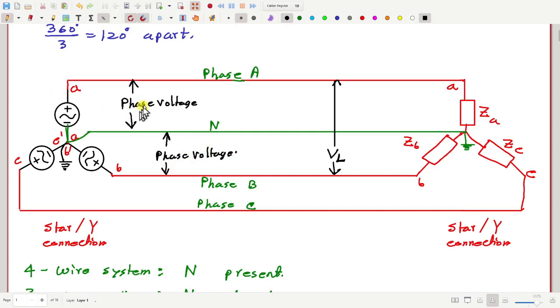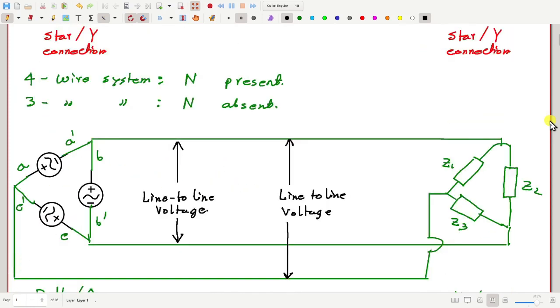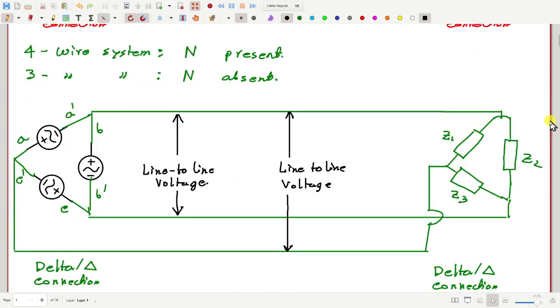Basically, the voltage across one source or one load is called phase voltage. In this diagram also, the voltage across this one source is phase voltage.